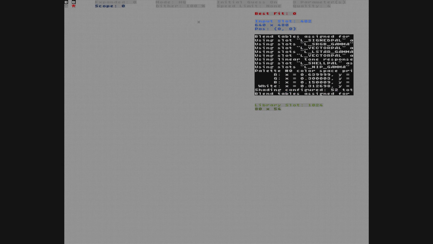So this is the screenshot of the console, and you can see that the algorithm can recognize what is written in the screenshot using the initial guess alone, but if we turn it off and set the quality to 0, this is what we get, because they don't get enough time to converge to a better solution.